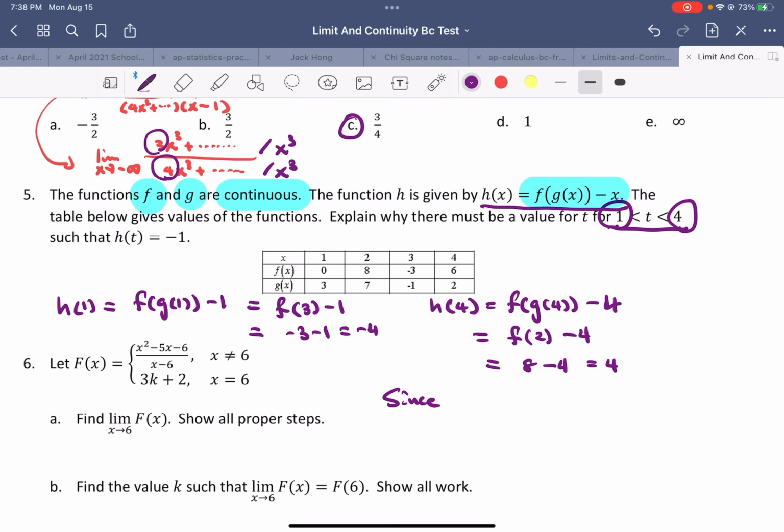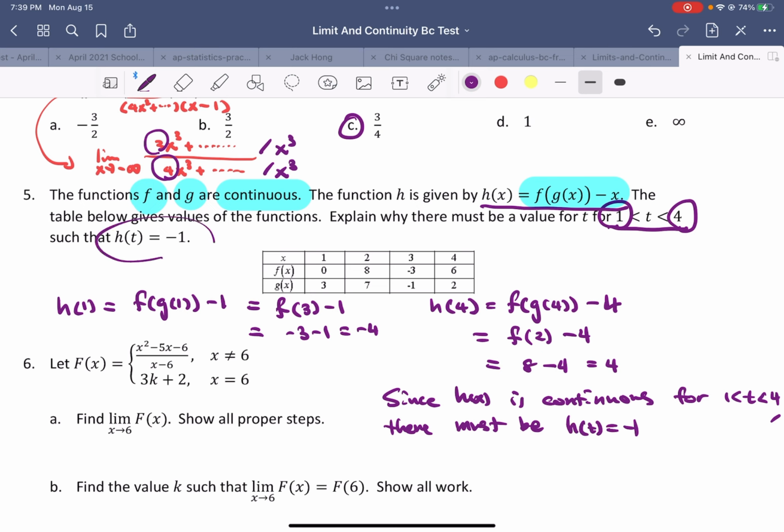Since h of x is continuous for t between 1 and 4, there must be h of t equals negative 1, I'm talking about this one.